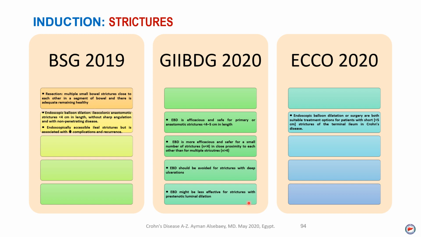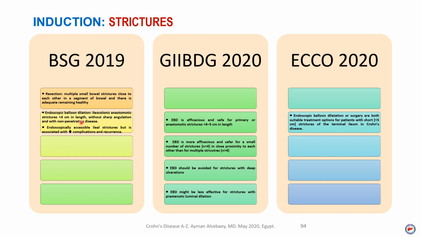Also the stricture, if it is present in the intestine, should be less than 4 centimeters. Again, if you want to do endoscopic therapy, it should be within the reach of the scope or anastomotic, less than 5 centimeters, and not associated with fistula.